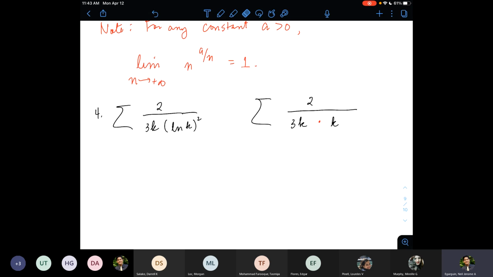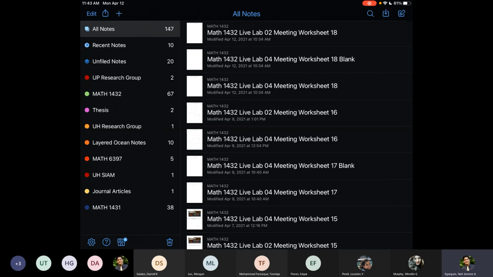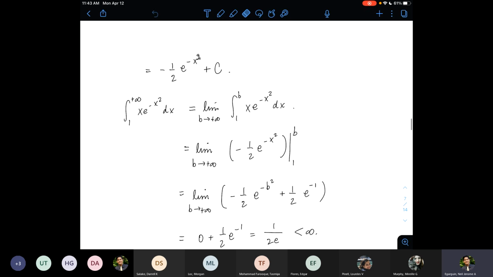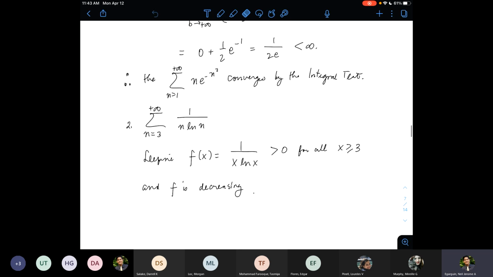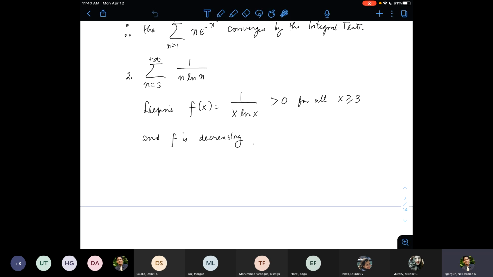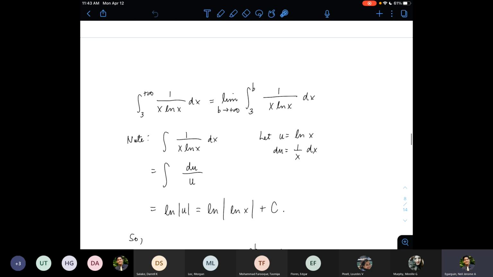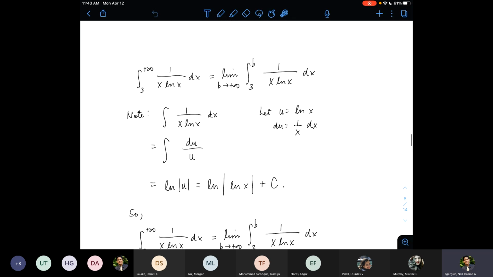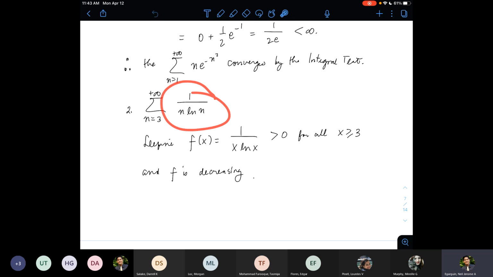Or let me just see our previous notes here, because I'm really trying to go around the integral test. Hold on, but I think we have. Okay, so last time we tried this guy, the sum of 1 over n ln n, and we have shown that this is divergent. But this guy would be larger than what we have, which is divergent, so it's larger than a divergent series.